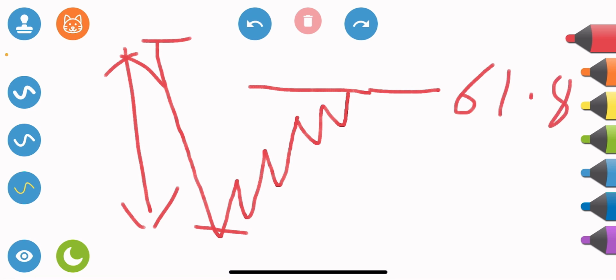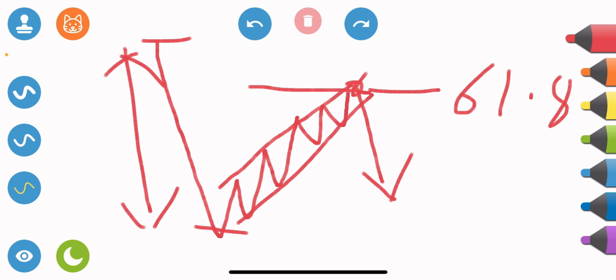Let me just break it down like this. There are 2 ways to take your trade in this Fibonacci setup. Either you connect your trend line again, so you can make it perfect: when price goes to 61.8, since it also kissed this trend line, then we can take our sell.